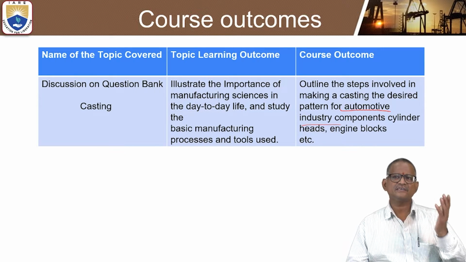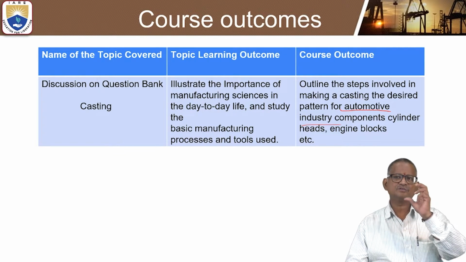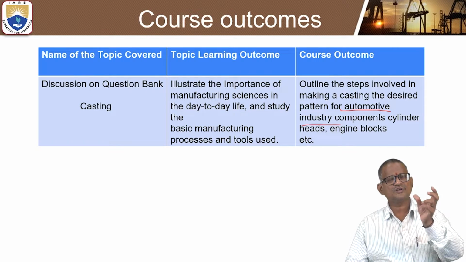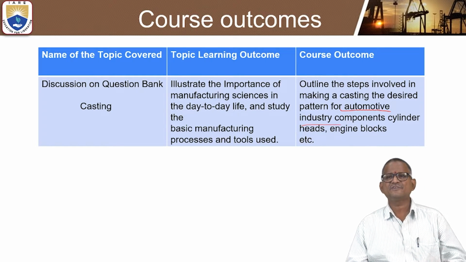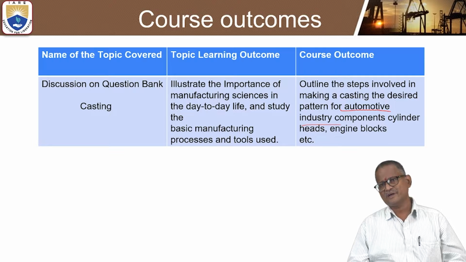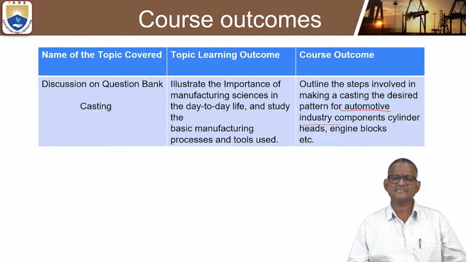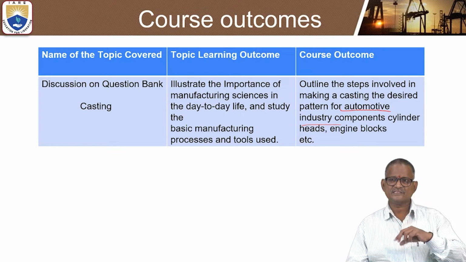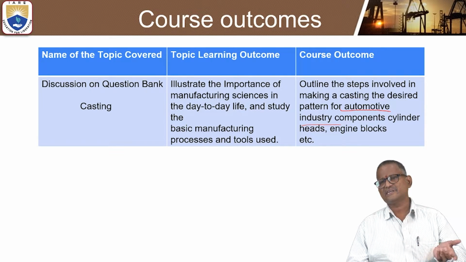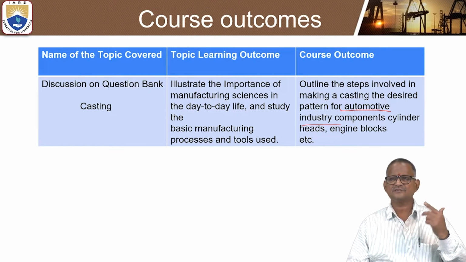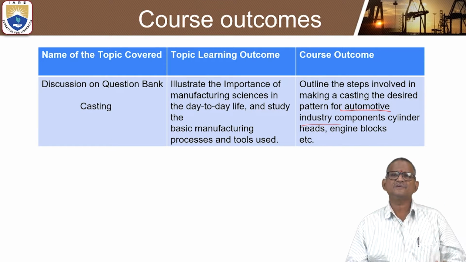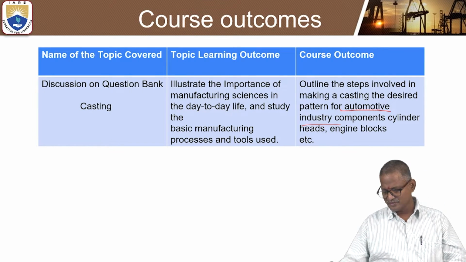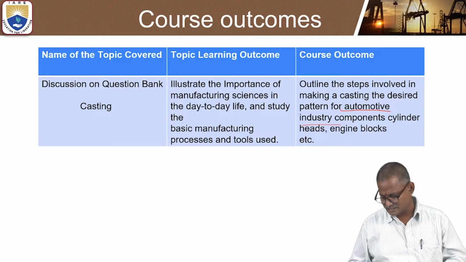In the case of the automobile industry, how you can produce a cylinder head, engine block, connecting rod, etc. Different types of things can be manufactured by different manufacturing techniques, and what are the detailed principles involved in that process, the advantages and limitations, and the specific application for the particular process. We will discuss in detail in this session.